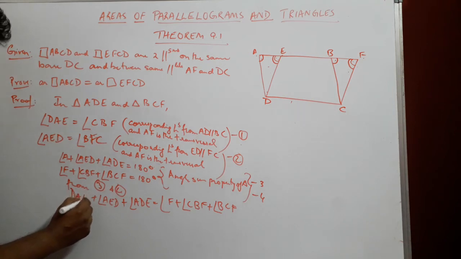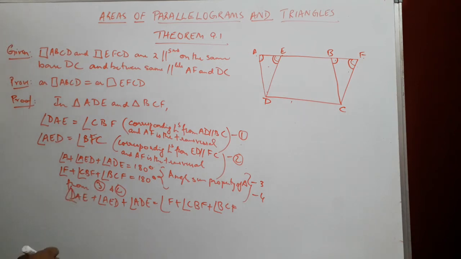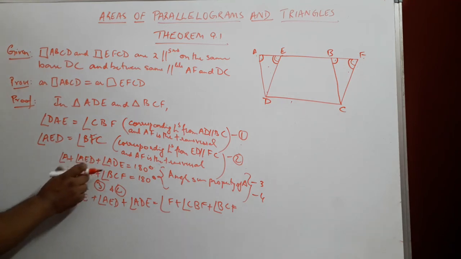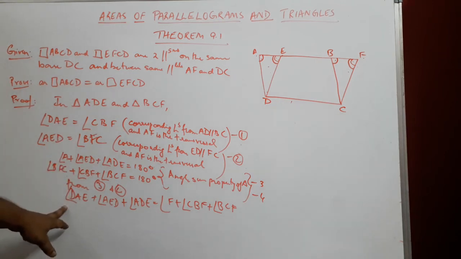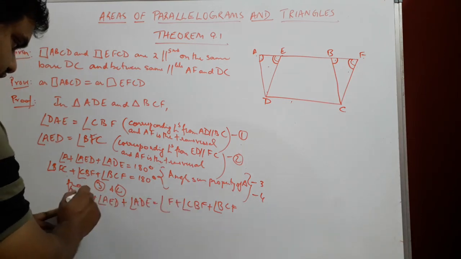Yeah, DAE. And in place of F, I can write as BFC over here. That will become easier for us to relate to. So we know angle DAE is equal to CBF. Okay, these two are equal to each other, so we can cancel them out.